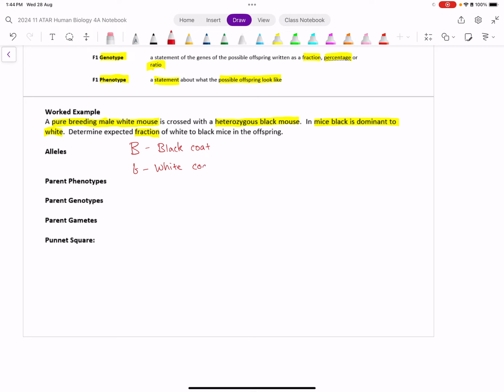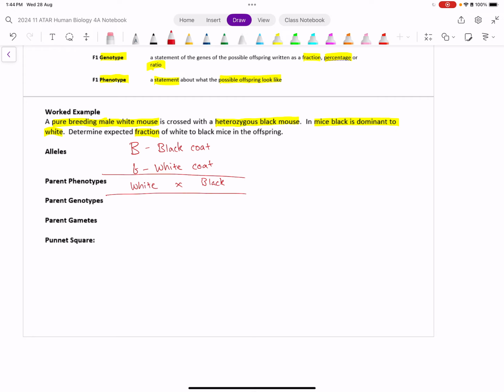We've then been told the parent phenotypes. And in our parent phenotype here, we've been told that we have a white mouse crossed with a black mouse. Based on this information, we can now determine the parent genotypes. So a pure breeding white mouse is another way of saying a homozygous white mouse.